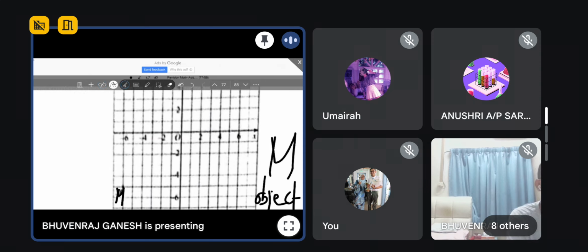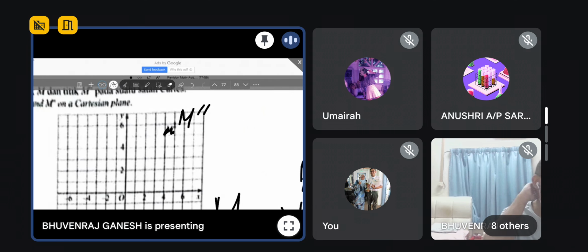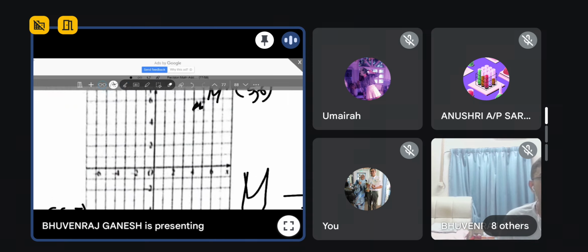Ini adalah objek M kamu. Okay, so guys, object M, the coordinate is -6, -5. Correct? Ini adalah coordinate dia. And then for the image secondary image, coordinate dia adalah 5, 6. Okay? So identify all these first from the diagram.